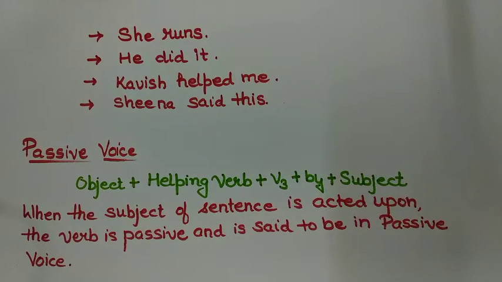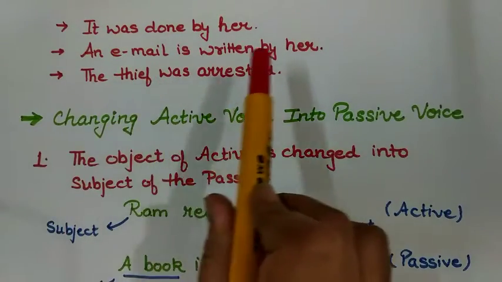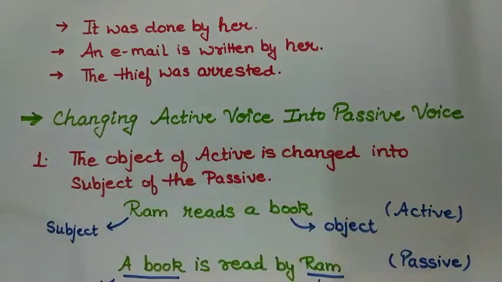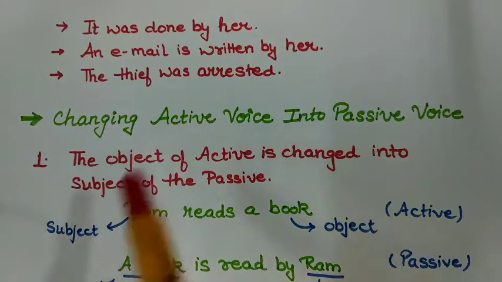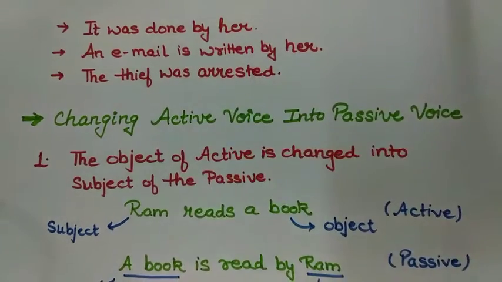See the following examples. It was done by her. An email is written by her. The thief was arrested. In all these examples, we see that something is acted upon. So, these are the examples of passive voice.